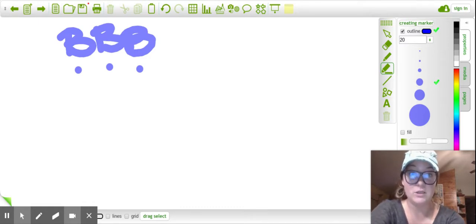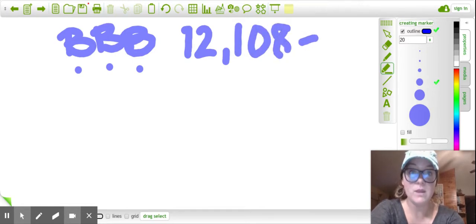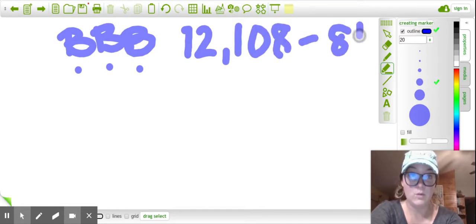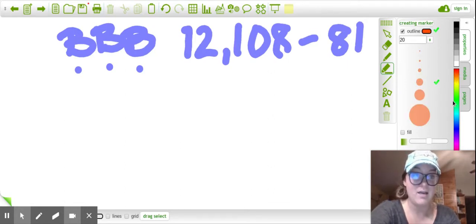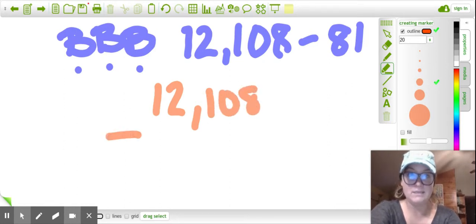All right, our first problem is going to be 12,108 minus 81. First and foremost, we're going to take those numbers and put them vertically up and down. Biggest number goes on top, and that would be 12,108 minus 81.